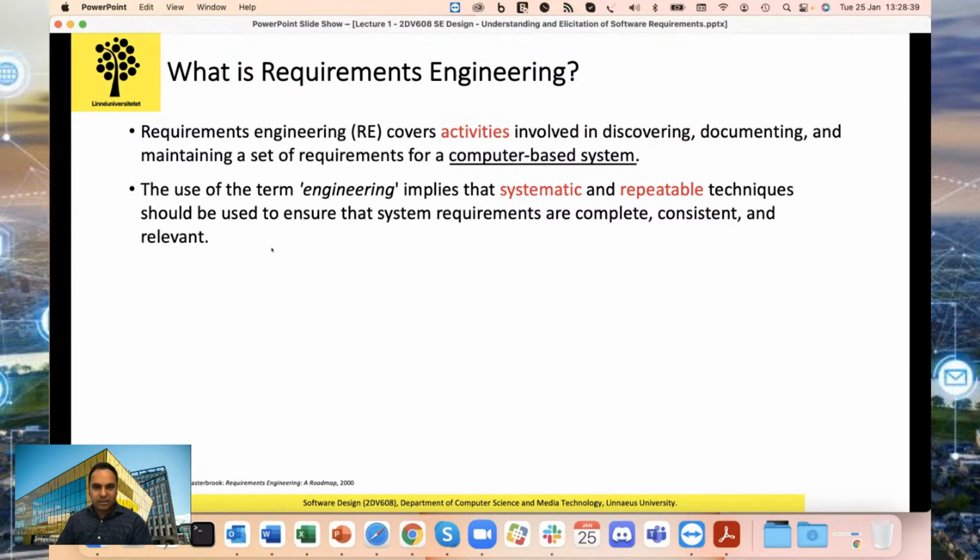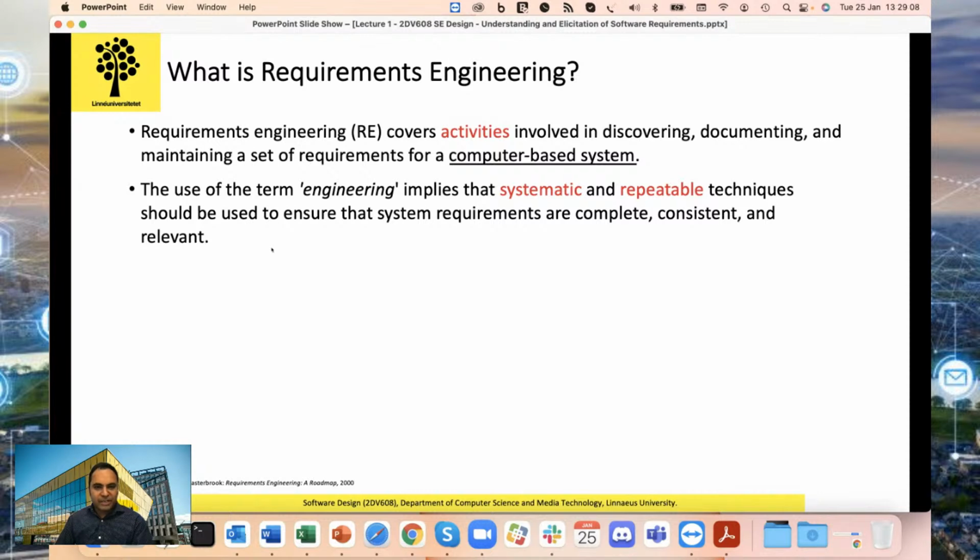You basically come up with a set of statements from the stakeholders or the end users, and then you represent them in a way that is understandable by everyone, including technical and non-technical persons.